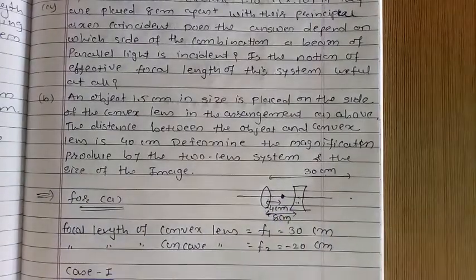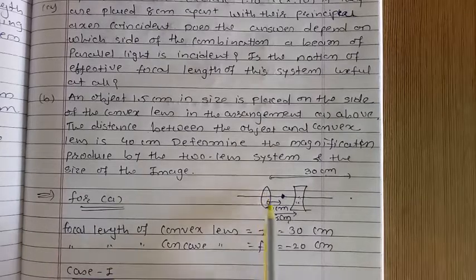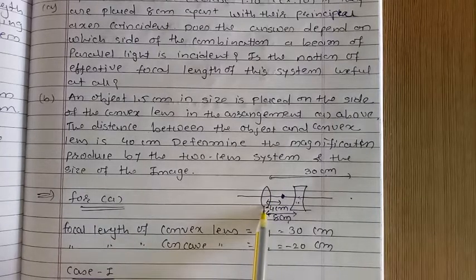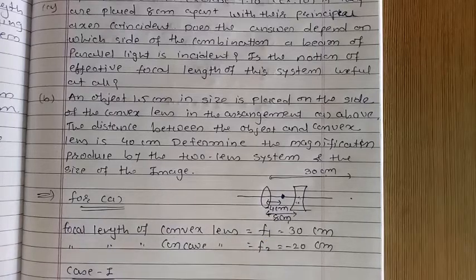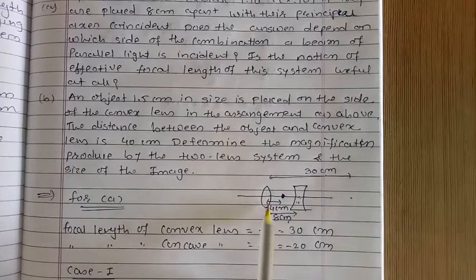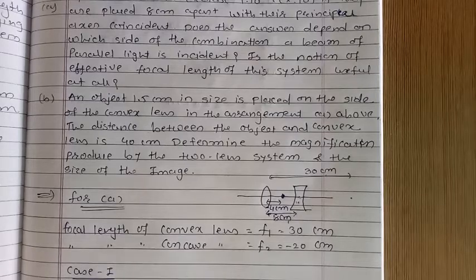So we get an image from the first lens at 220 minus 4. Our first lens is convex, so we can say that these parallel rays are converged at a distance of 220 minus 4.